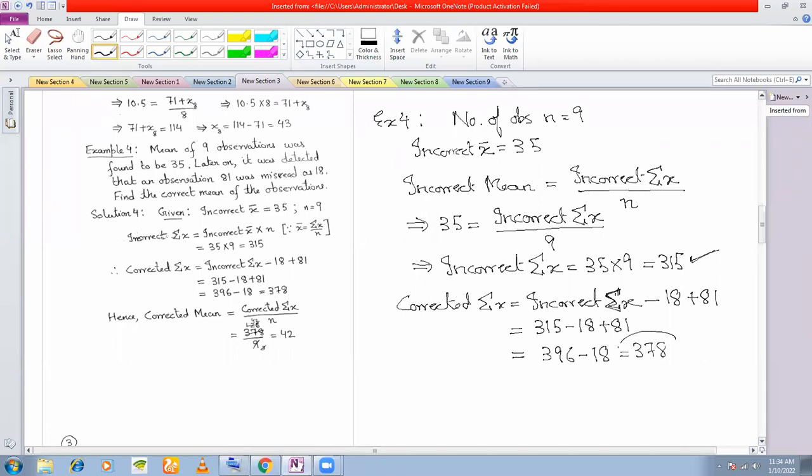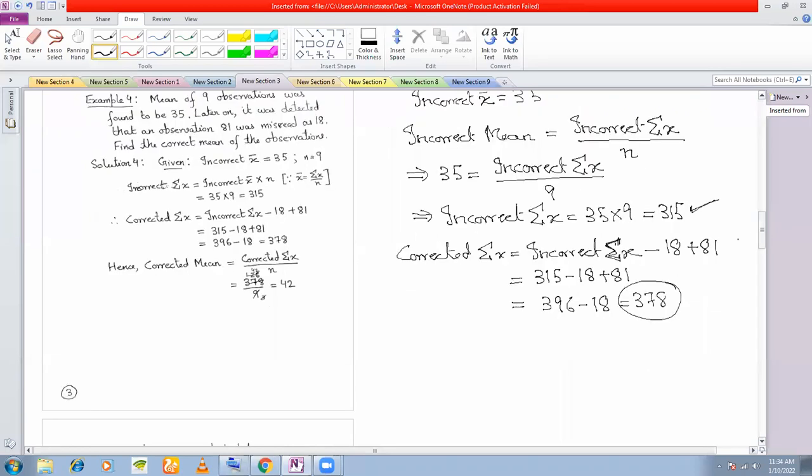Now you have got your correct value of summation x. Now once you have got correct value of summation x, now you can write your correct mean. So what is the corrected mean? Corrected mean is corrected summation x divided by n.